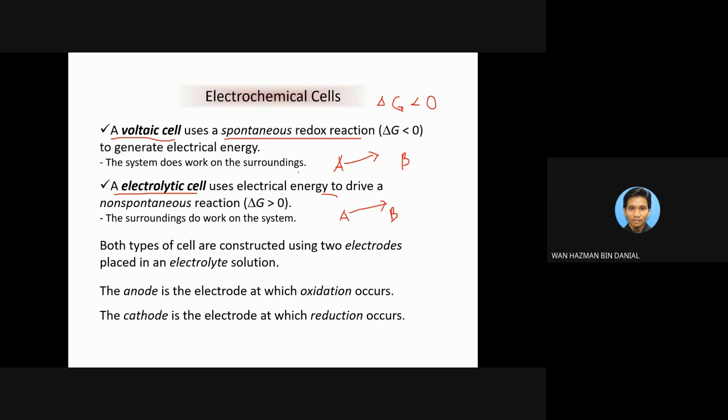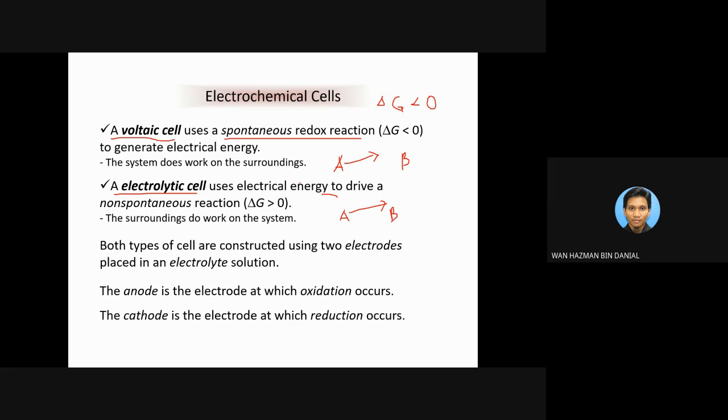Doktor, kalau delta G equal 0, voltaic ke electrolytic? Delta G equal to 0. Is it possible? Sekejap, kalau delta G is equal to 0, maksudnya dia in equilibrium. Tak ada reaction, dia in equilibrium, if I'm not mistaken lah.